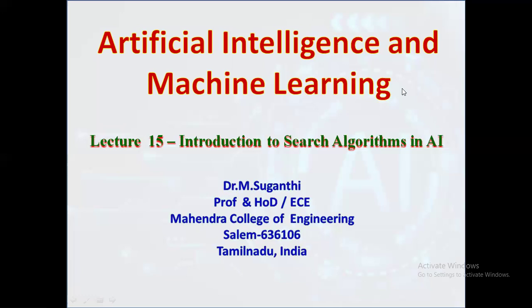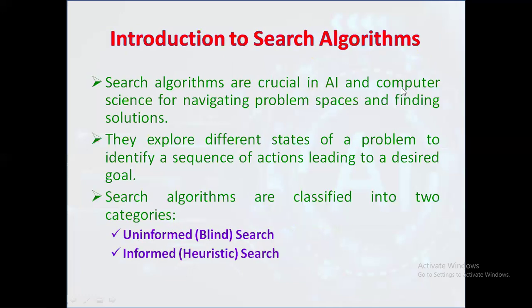First, we'll move on to the introduction to search algorithms. Search algorithms play a crucial role in artificial intelligence and computer science by helping systems navigate through problem space to find solutions. These algorithms explore various states of a problem, looking for a sequence of actions that lead to the goal.